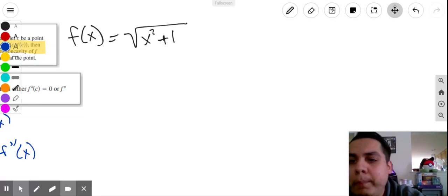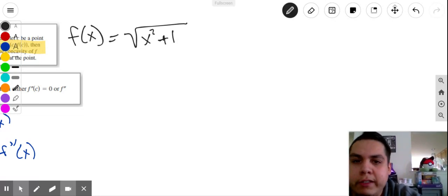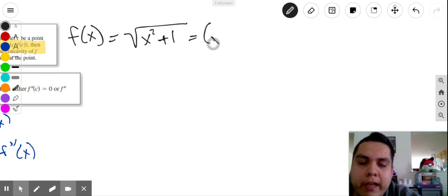Here's what we have. So f of x can be thought of as x squared plus 1 to the half power.